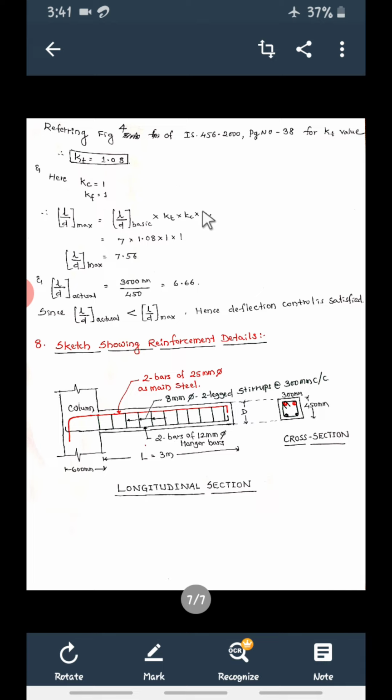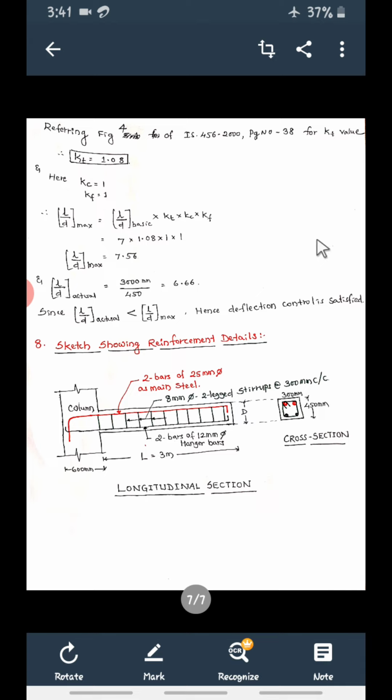So let us hope you understood all these 4 designs. Don't think that this is only necessary for the exam purpose, it is not like that. Even after completion of your engineering, wherever you go, whatever company you join, especially a construction company, they will ask you to design the beam, design the column, design the staircase, design the slab, design the foundation, like that.